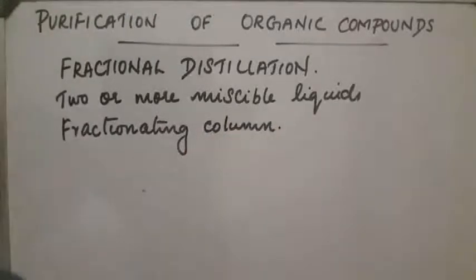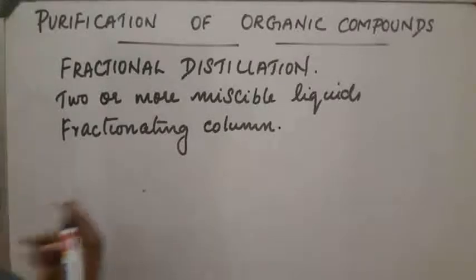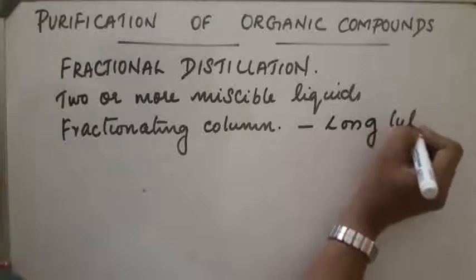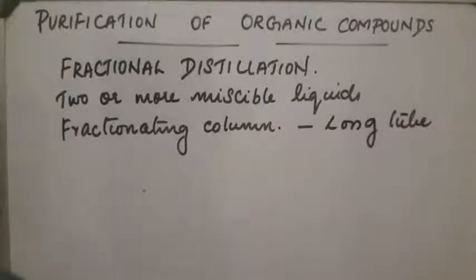Before entering into the condenser, this mixture is passed through this fractionating column, and this fractionating column is a long tube which is fitted at the mouth of the round bottom flask, and the mixture is taken in the round bottom flask.